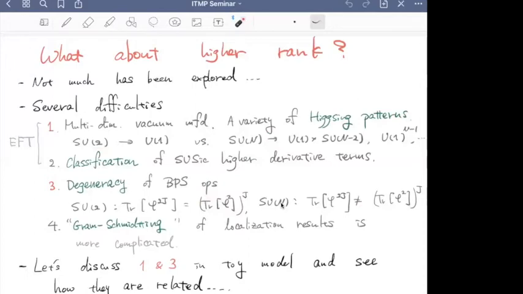You need to perform what's called the Gram-Schmidt procedure, and this procedure also gets more complicated. But if you don't know the details of this, you can just forget about it. But here I want to emphasize that points 1 and 3 are actually related. And I want to show how they are related in some toy model.